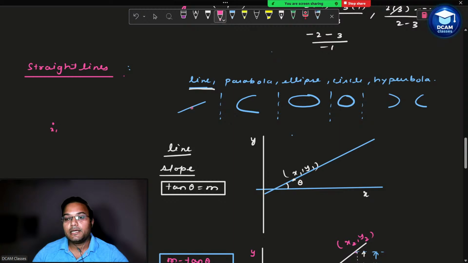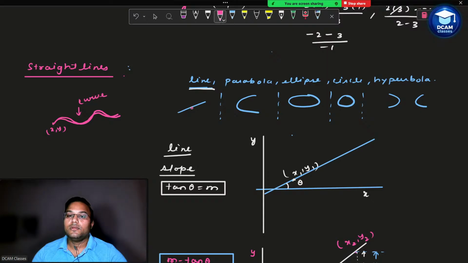It's like we have taken the point x, y and are moving it, and drawing the path it has taken. When we draw that path, it makes a curve. The curve can be anything; it depends on how the point x, y moves. It may move straight, it may move like a circle. It depends on the condition under which we move the point. Accordingly, it will make a path.